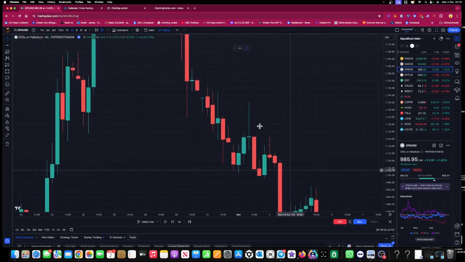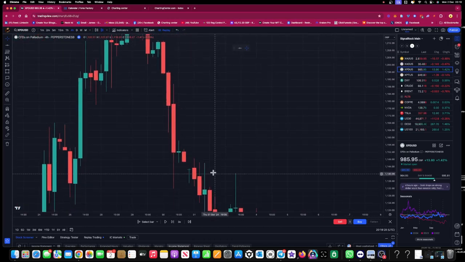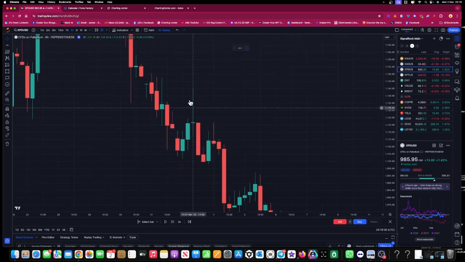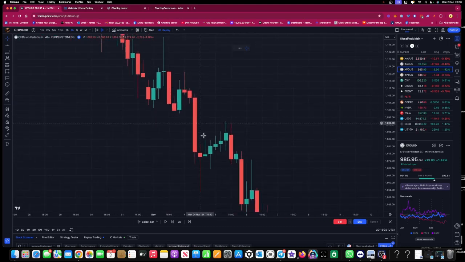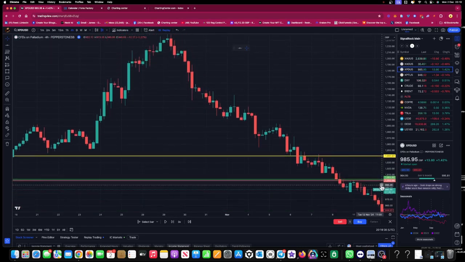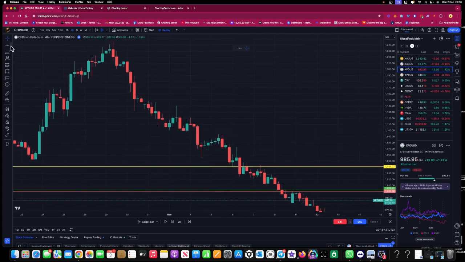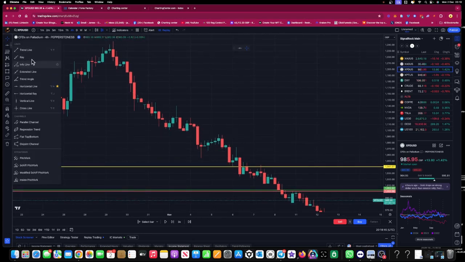I mean, you can see that it didn't actually fall off the edge of the cliff. It sort of rolled down the cliff and never really pulled back. That's the thing with palladium. If you zoom out on this, you can just see the price is just... It's not trending. It's just dropping.